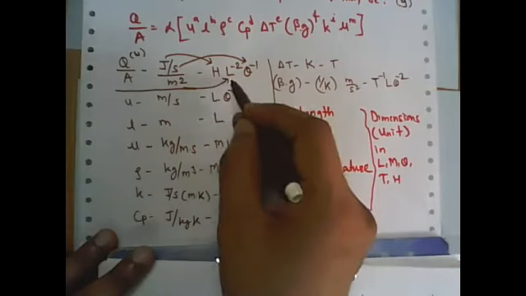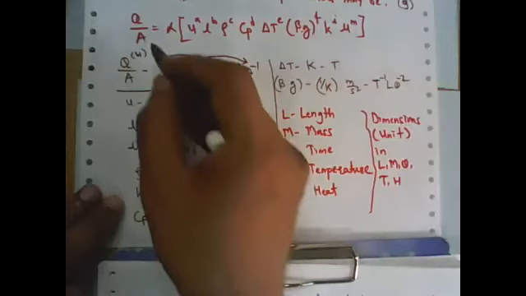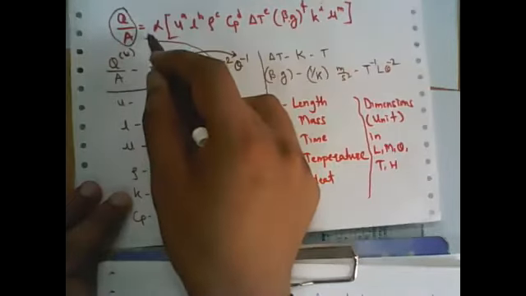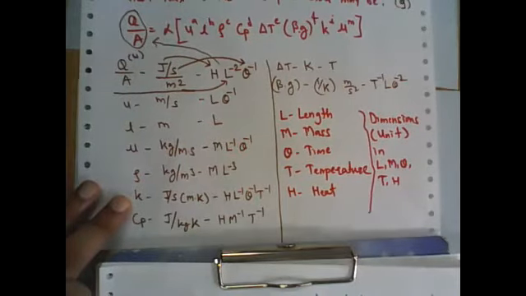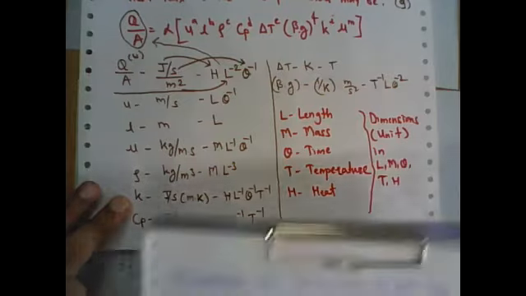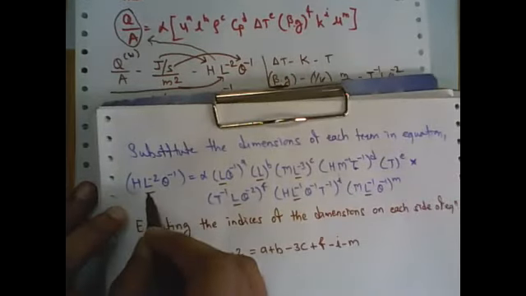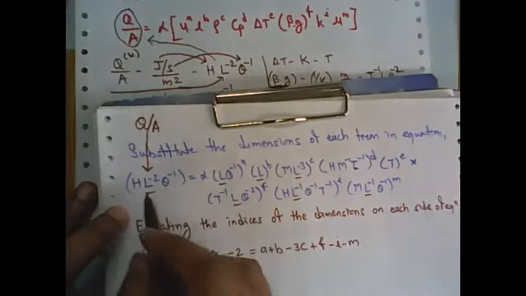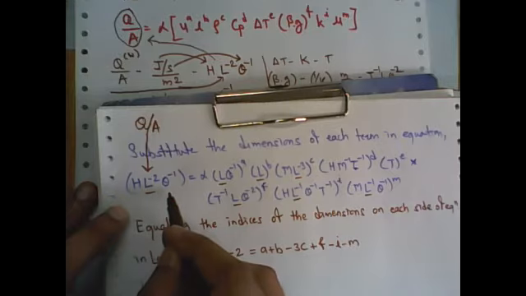Now it is H L raised to minus 2, theta raised to minus 1. So this Q by A should be written as H into L raised to minus 2, theta raised to minus 1. So I have written here the left hand side of this equation, the Q by A.